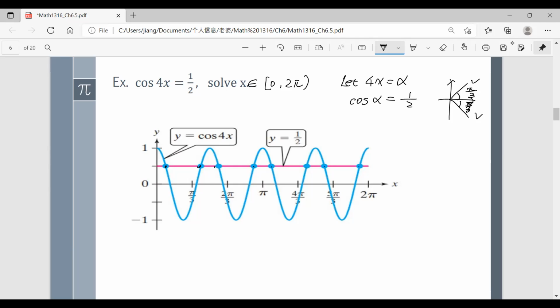So the angle alpha must be pi over 3, and from 0 to 2 pi, from initial all the way here, alpha is pi over 3, or from here to here, that means 2 pi minus pi over 3. 2 pi is 6 pi over 3, minus pi over 3, that's 5 pi over 3.